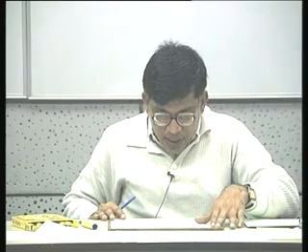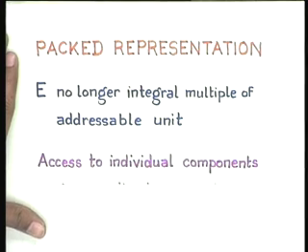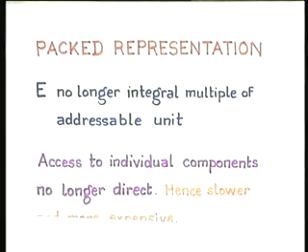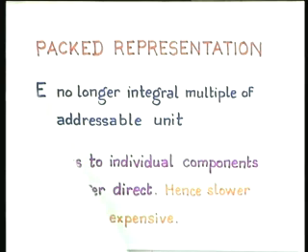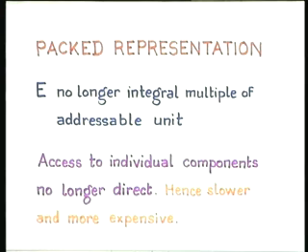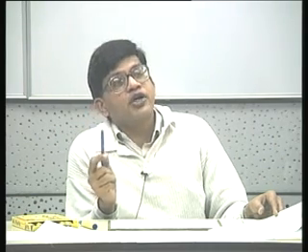So any kind of packing mechanism means that your access to individual components will no longer be direct, and secondly, if you want faster computation you will have to unpack that representation. So, you might use more intermediate storage in order to gain faster computation, but you are going to lose some time because of unpacking and packing again, because that is an extra loading and storing.